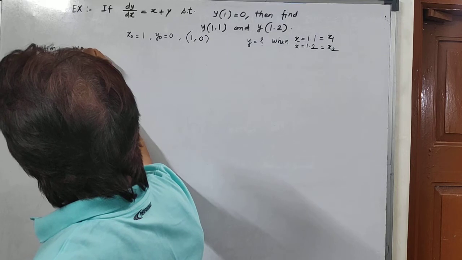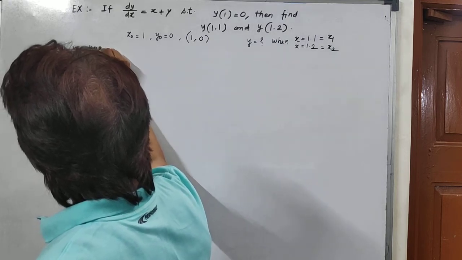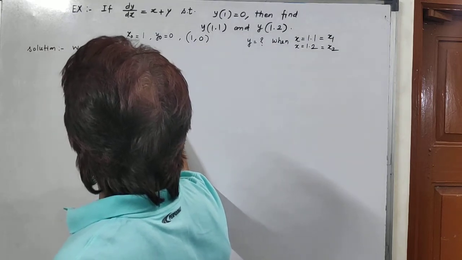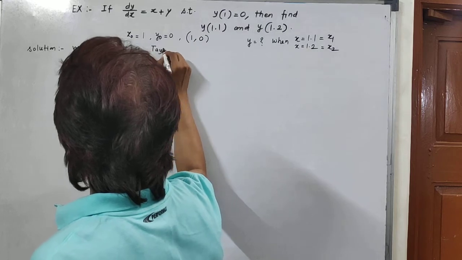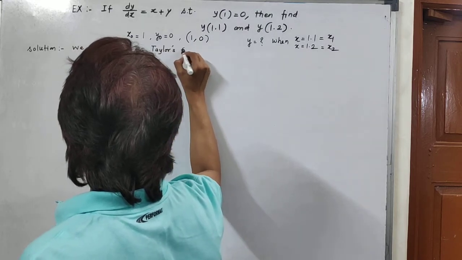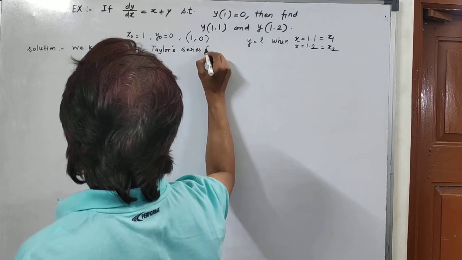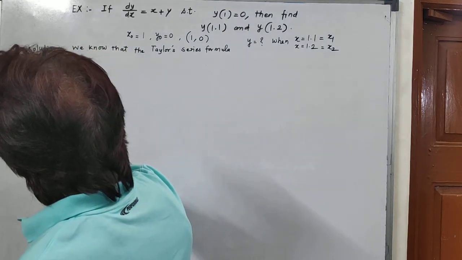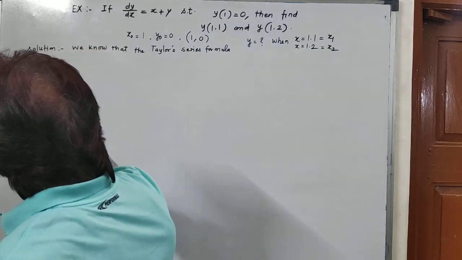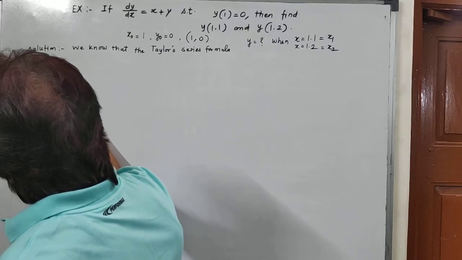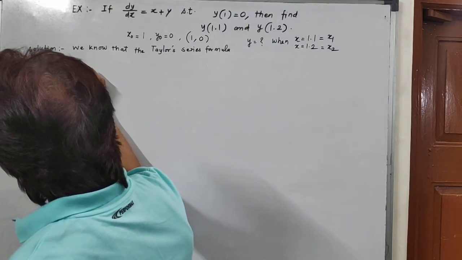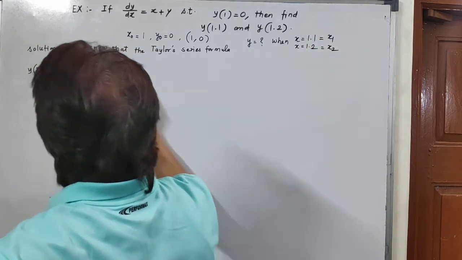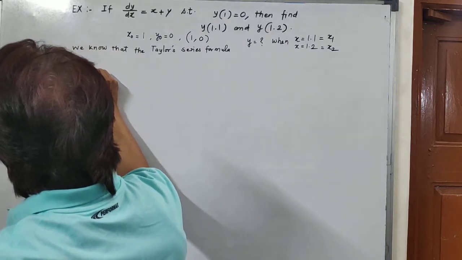We know the Taylor series formula, x0 plus h. What is x0? x0 is 1. We want to determine at x equal to 1.1. So h would be 0.1.